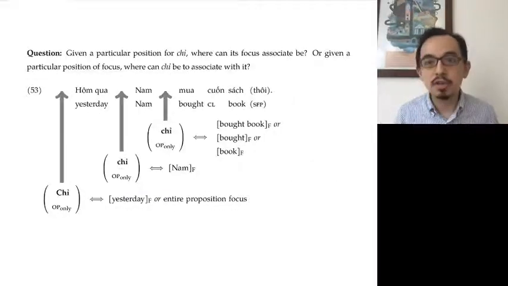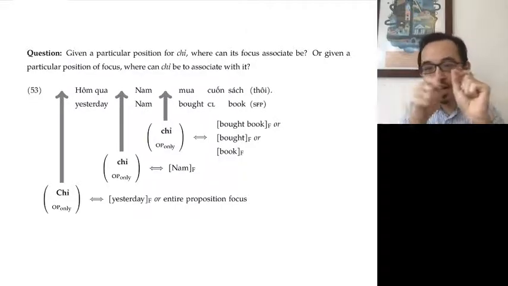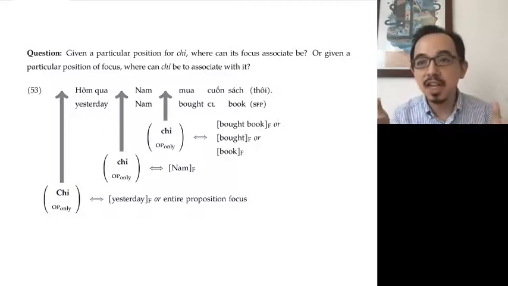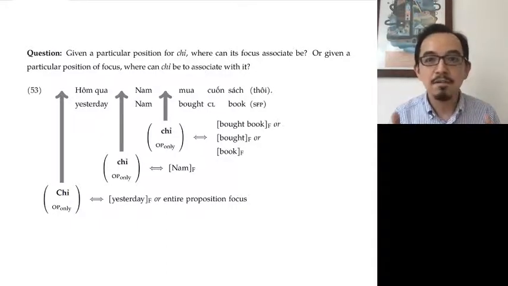And now what we're interested in is, again, playing the 'only' game, seeing where in a sentence you can put a focus particle and what it can associate with. I've schematized a lot of data together in 53, but let me walk through this.